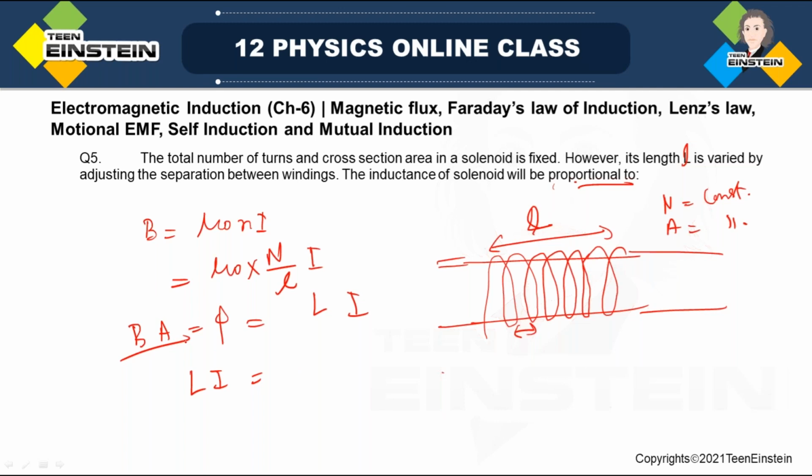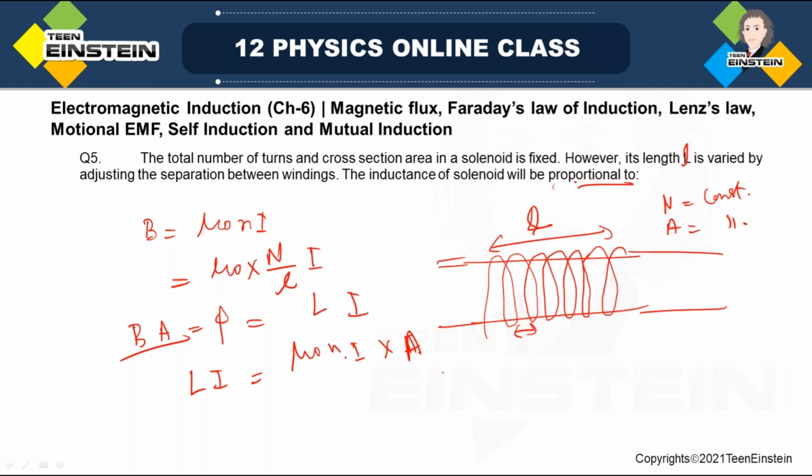A is the area of cross section of the solenoid itself. So B is mu0 n I, which is the magnetic field for the solenoid, and the area is just A itself.